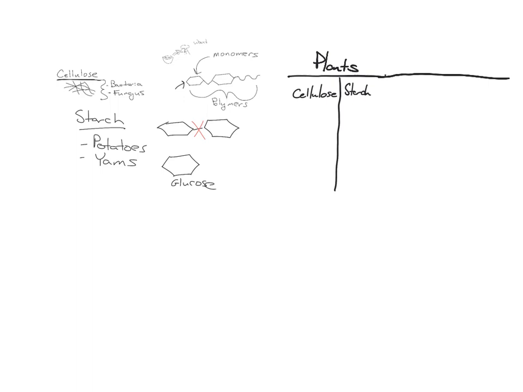Starch actually can be broken up further. There are two forms of starch. There's amylose, and there's amylopectin.